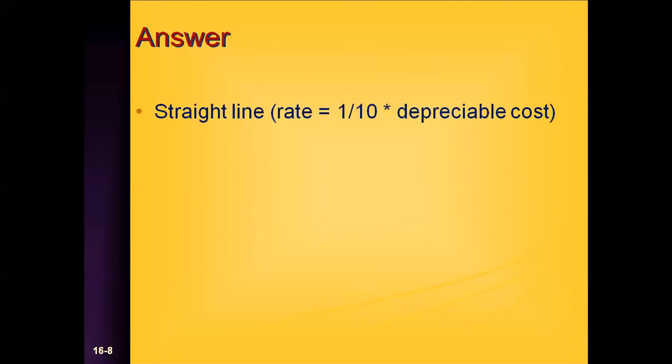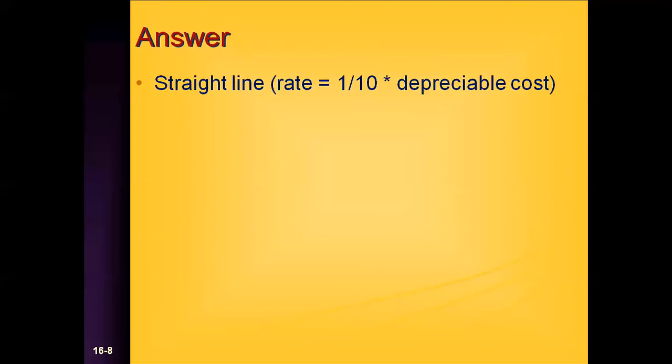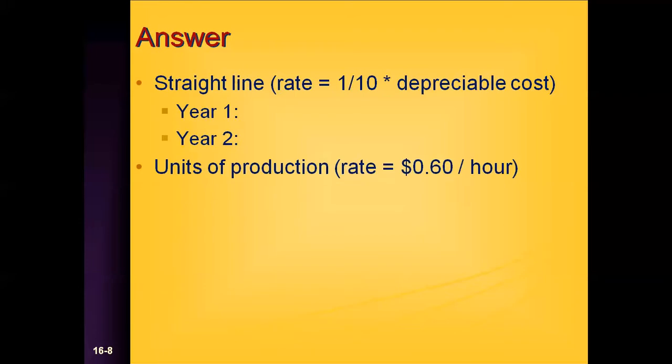So in terms of your answer, you would look at the straight line calculation and use the particular formula we talked about for year 1 and year 2. For units of production, you would take the rate, which essentially would be 60 cents per hour for year 1 and year 2.